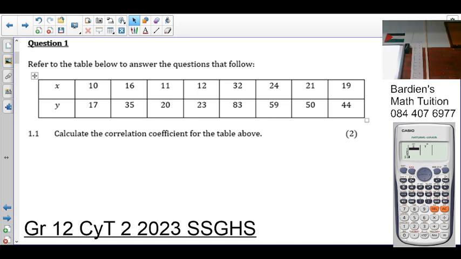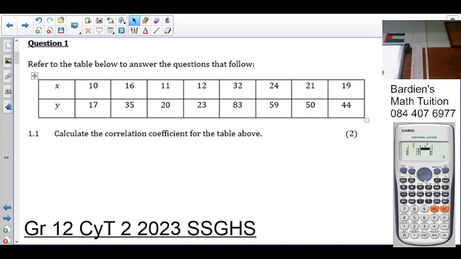So the values are 10 in the X row, it's 10, then 16. Can somebody read out the values? 11, 12, 32, 24, 21, 19. Is that it?